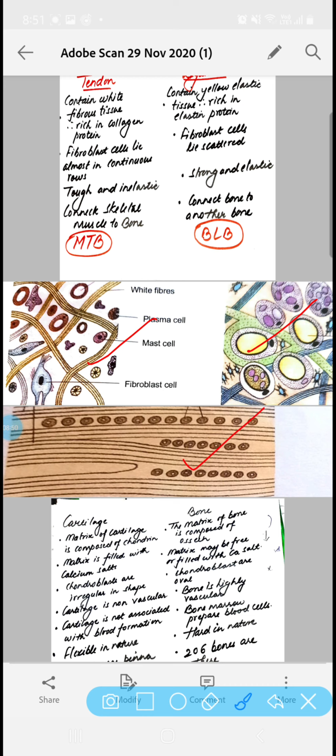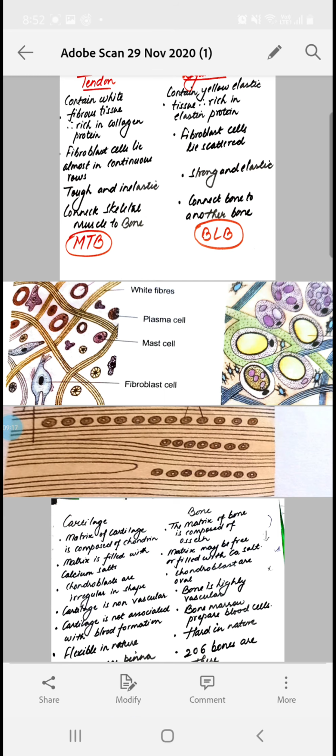This is the diagram of tendon. In your book the diagram of ligament is also given. Okay, so most of the questions, as I just told you, are on the difference between tendon and ligament, but you have to take a view of these diagrams also.